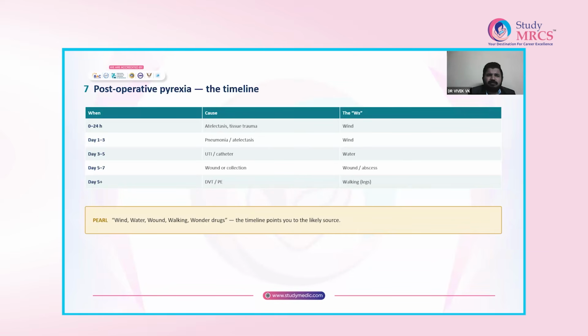After day 5, you can also consider deep venous thrombosis as a cause of post-operative pyrexia. So the timeline, you can remember with the mnemonic: wind, water, wound, walking, and wonder drugs. The timeline points you to the likely cause of the post-operative fever.